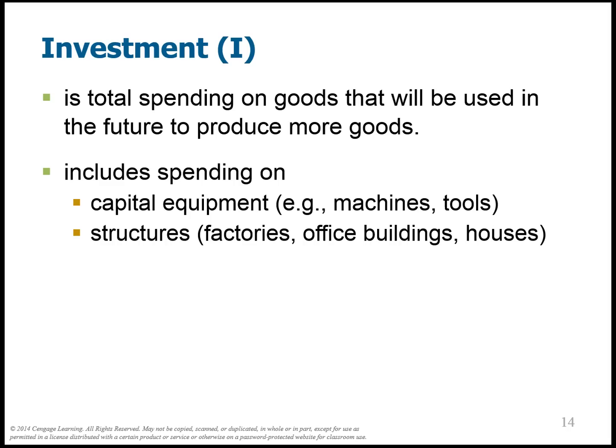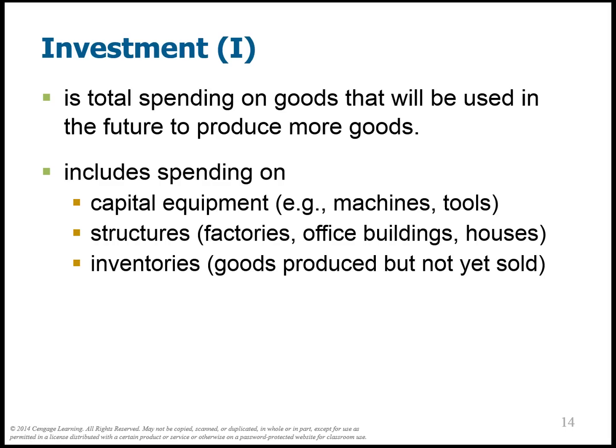So if I buy a house in the year 2014, the purchase price of the house goes into investment, right? But then every subsequent year after that, the rent or the, quote, imputed rental rate, the amount of rent someone would pay me if they moved into my house, that goes into consumption.